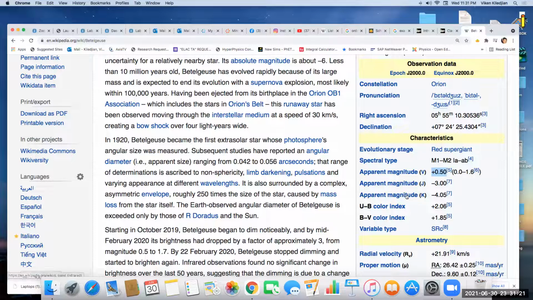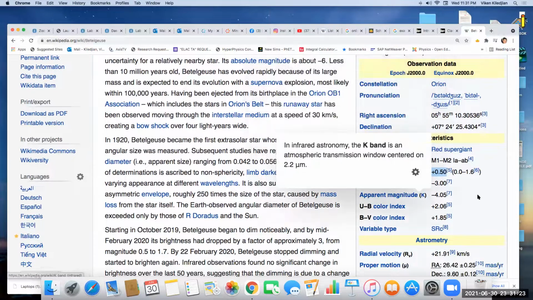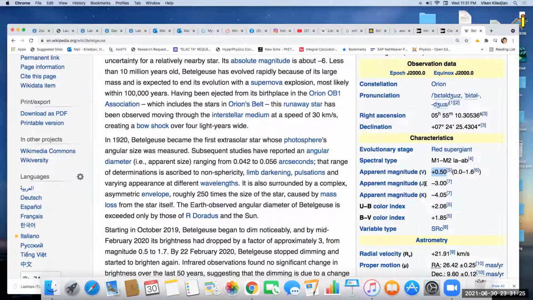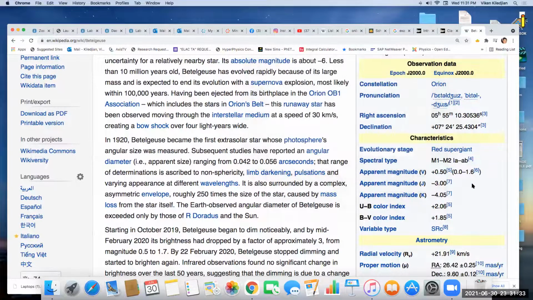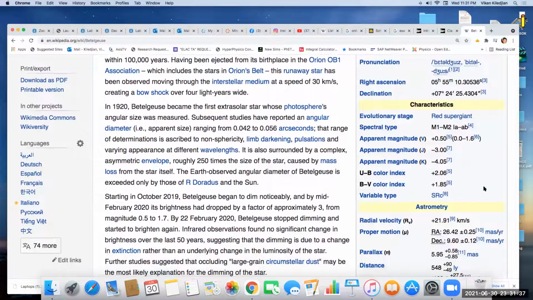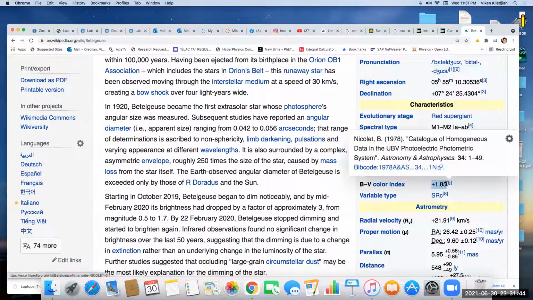Apparent magnitude J and apparent magnitude K. Oh my God, now that's confusing. There's different apparent magnitudes. So then the BV color index is 1.85.